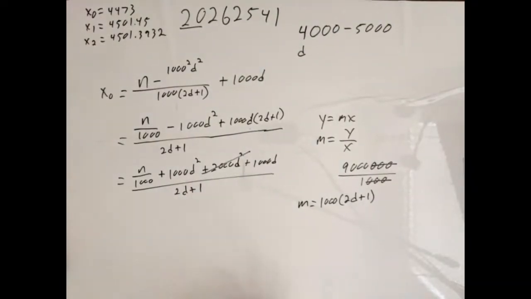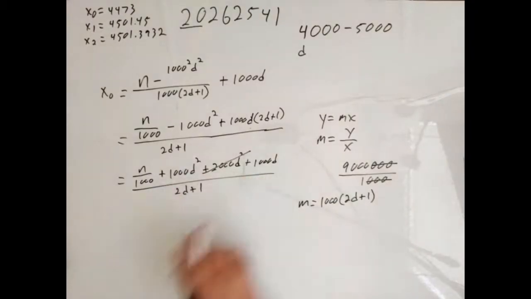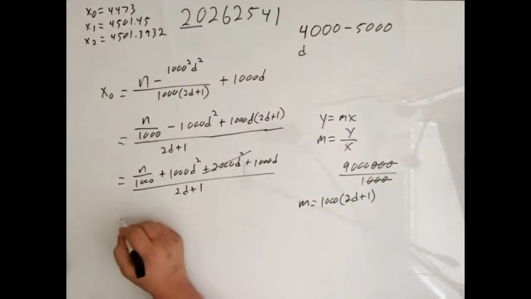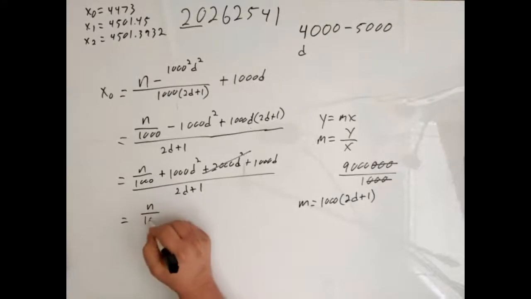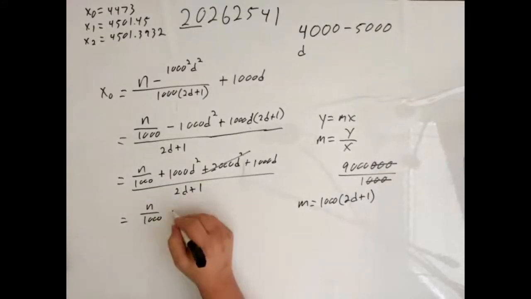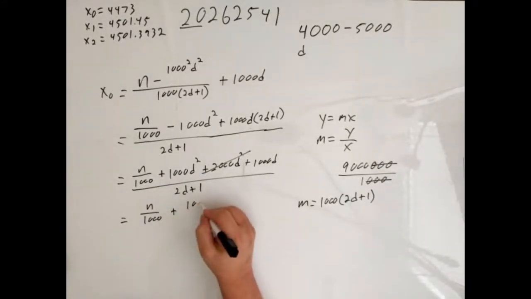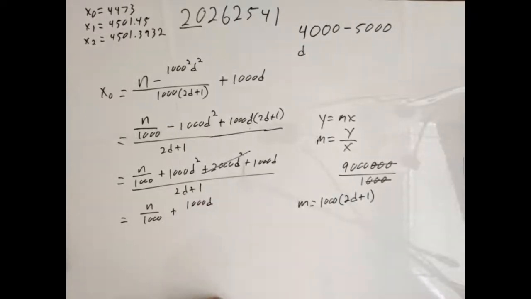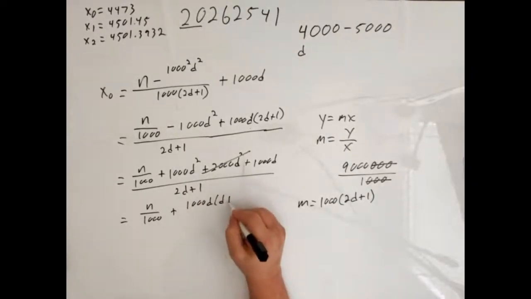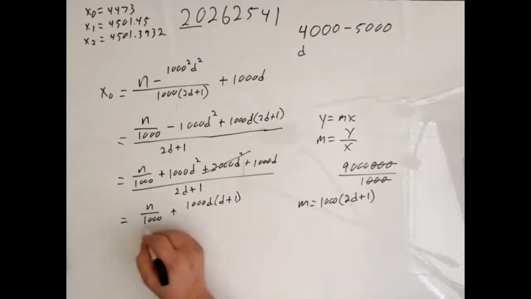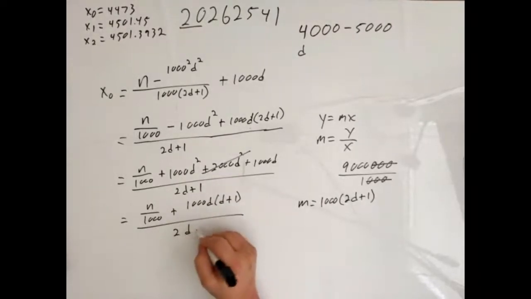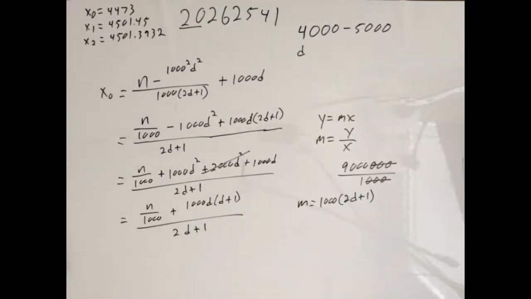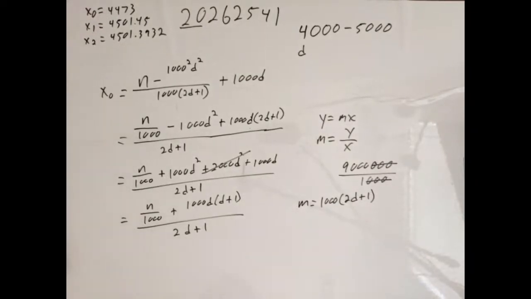So, factoring this stuff out again, what we're going to end up with is n over 1,000 plus 1,000d times d plus 1 over 2d plus 1. And that is what we use to calculate our first guess.